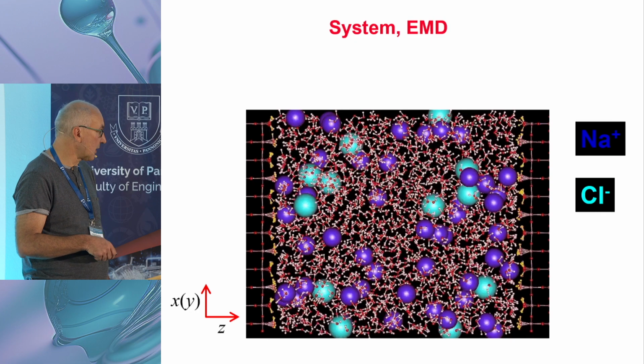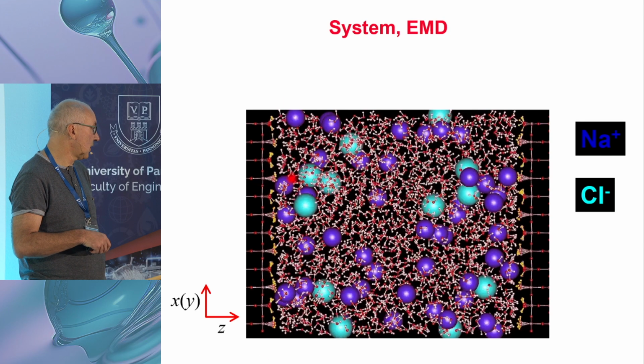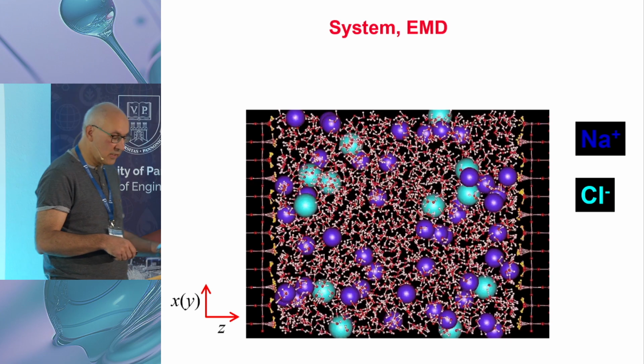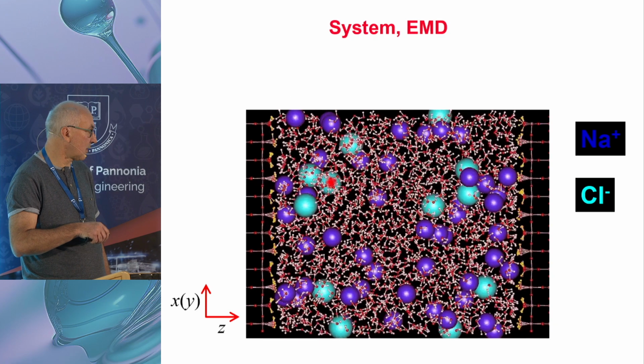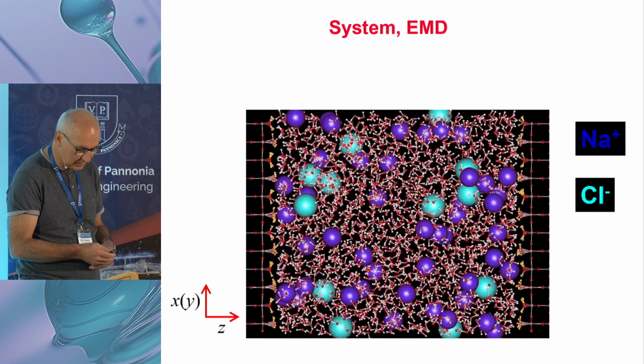And here, in this case, we will have the titanium dioxide, rutile, which will be either positively, negatively, or neutrally charged. And we can average the diffusivity in layers based on the distance.